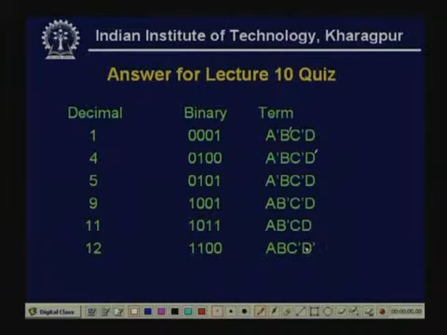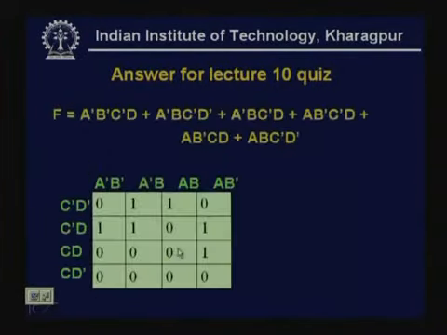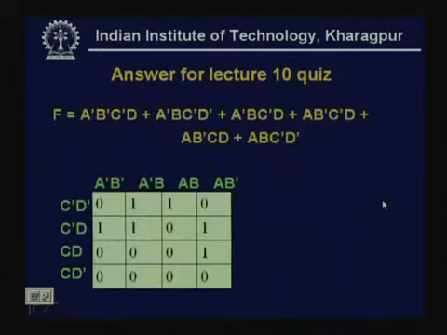In the expression, the sum of these min terms will be there. So F will be the sum of all the previous terms, and these are the 5 terms.